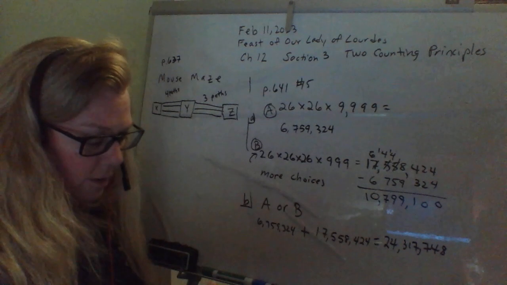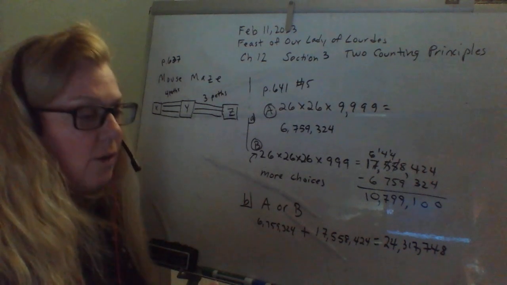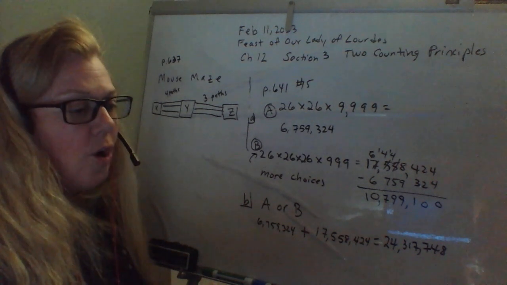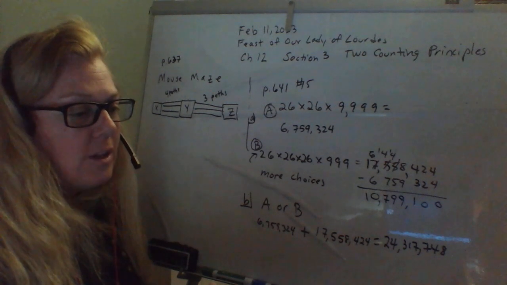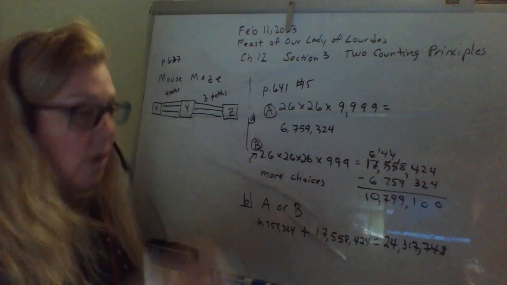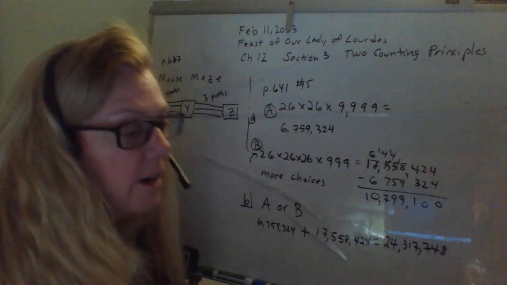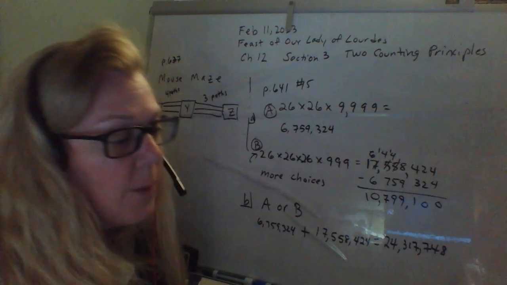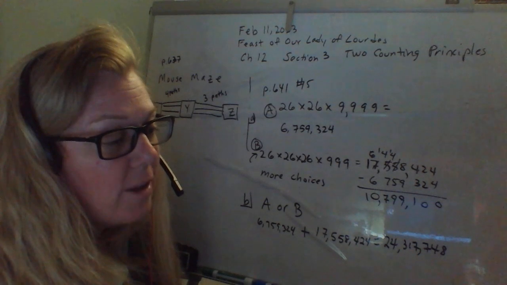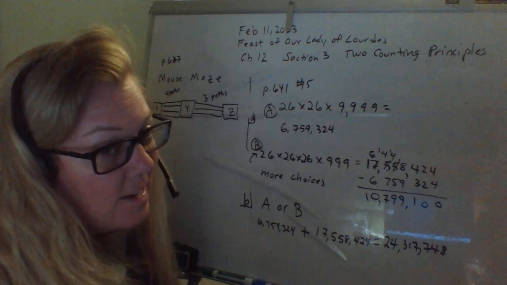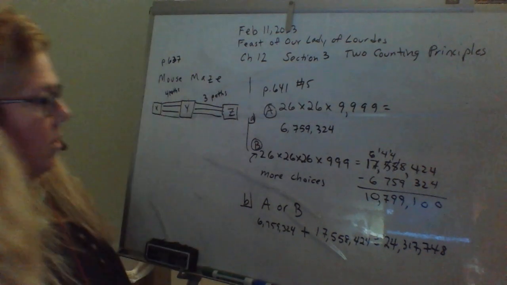All right, last but not least, C. What does C ask us? There are about 100 million motor vehicles in the United States. Wow. 100 million motor vehicles in the United States. Would it be possible to have a national license plate program using the scheme of Part B? Explain.